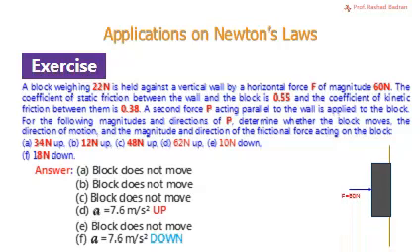This is an interesting exercise. Here we have a block weighing 22 newtons, obviously downward, and it is held against this vertical wall by a force of 60 newtons. It's given the coefficient of static friction between the block and the wall, and the coefficient of kinetic friction is also given.